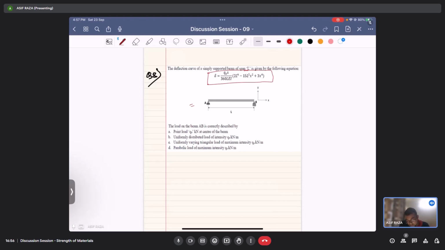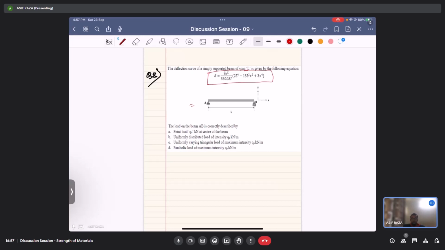The question is: the load on the beam AB is correctly described by which option? Option A is a point load Q naught kilonewton at the center of the beam. Option B is a uniformly distributed load of intensity Q naught kilonewton per meter. Option C is a uniformly varying triangular load of maximum intensity Q naught kilonewton per meter. Option D is a parabolic load of maximum intensity Q naught kilonewton per meter.